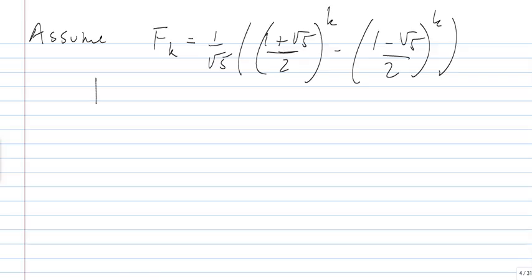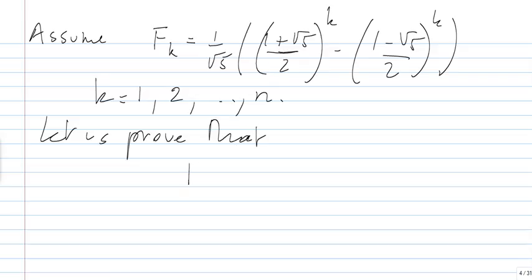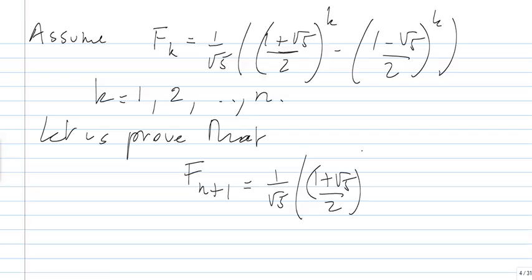This is true for k equal 1; assume this for k equals 2 all the way to n. Let us prove that Fn plus 1 equals 1 over square root of 5 times 1 plus square root of 5 over 2 to the power n plus 1 minus 1 minus square root of 5 over 2 to the power n plus 1.